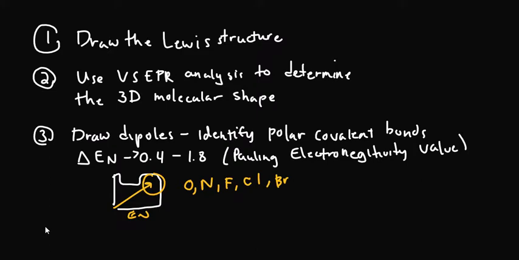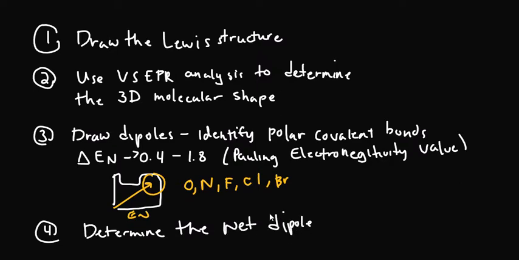And then lastly, we need to determine the net dipole. Which is a series of vector addition. But again, instead of going into a lot of detail and doing the math behind adding vectors, we're going to look for points of asymmetry.